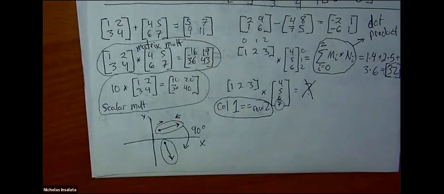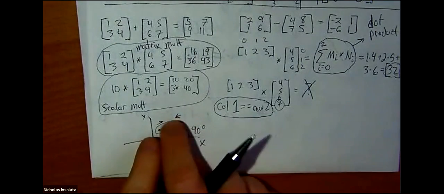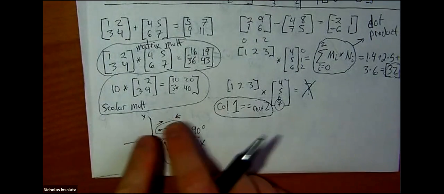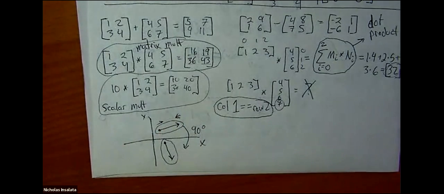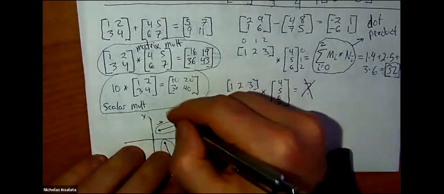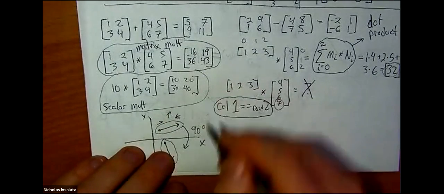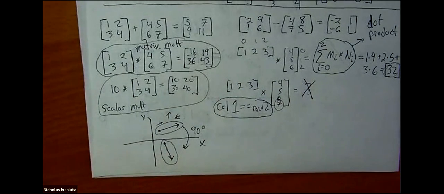Or of course I could make it longer if I went the other way. But I could also do a shear in some other direction, like that direction. So the word I'm looking for here is stretch.